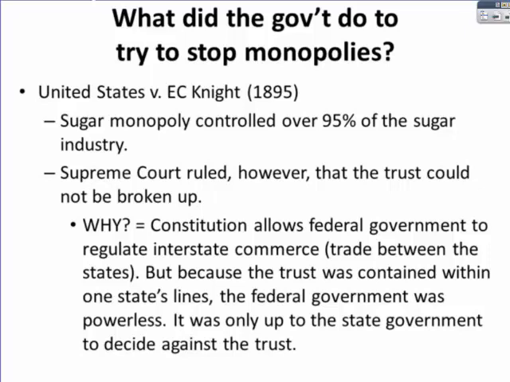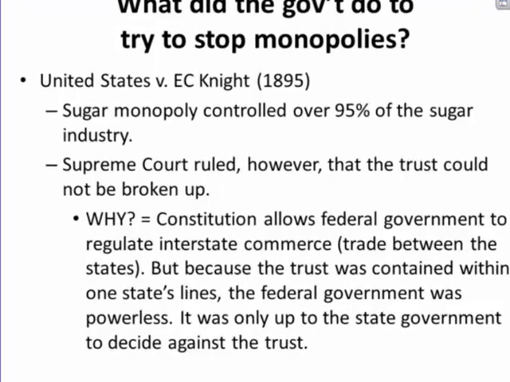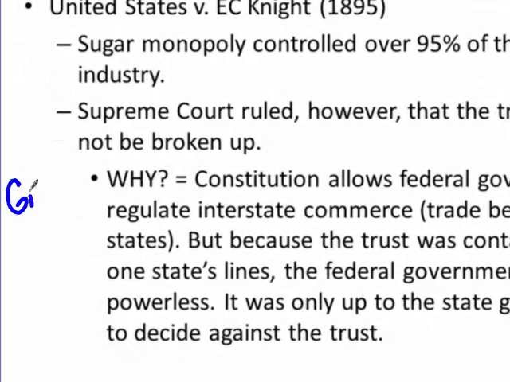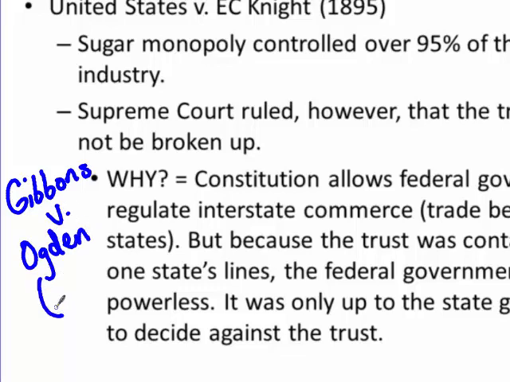First, let's review a case we learned earlier in the year. The case of Gibbs versus Ogden in 1823 was when Ogden had an exclusive trading relationship on the Hudson River. And Gibbs also wanted to trade on the Hudson River but could not because of the agreement reached with Ogden by the state of New York.